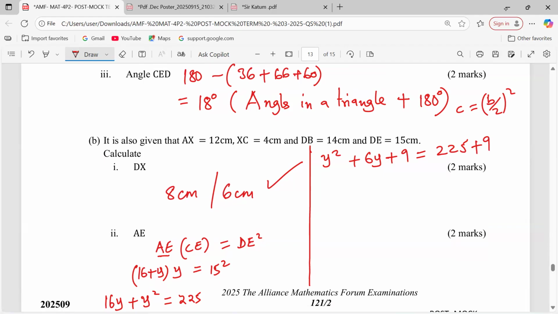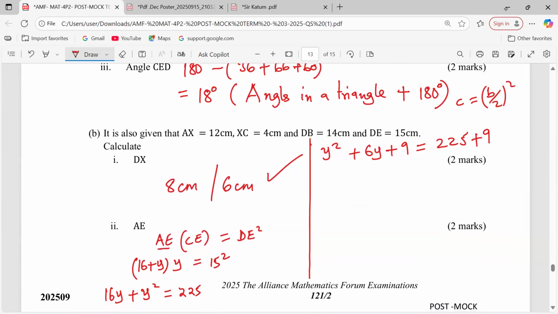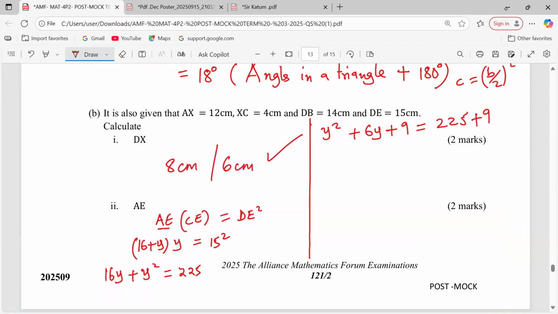To factorize a perfect square, we take the square root, the sign that follows, square root of this part, squared, equals 225 plus the constant.